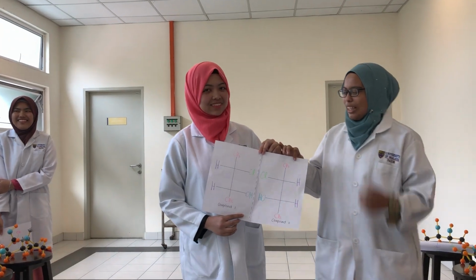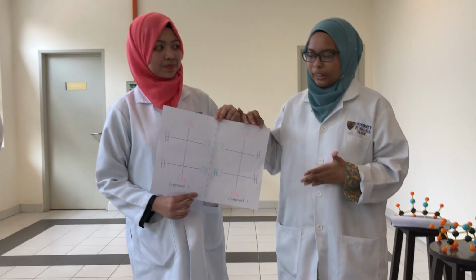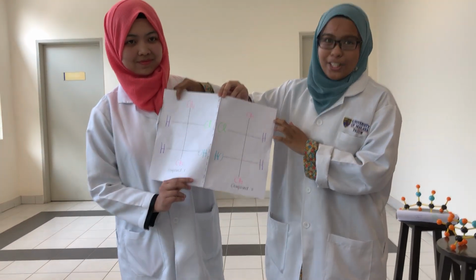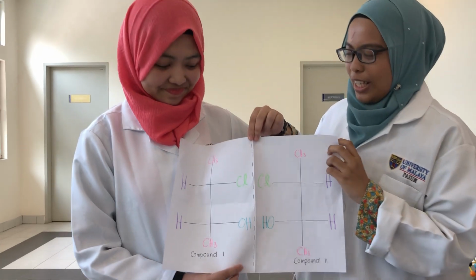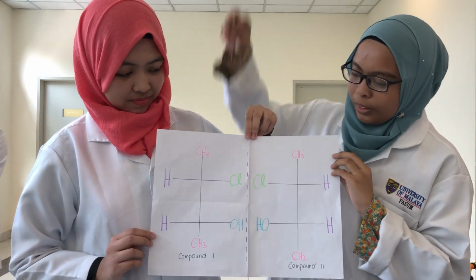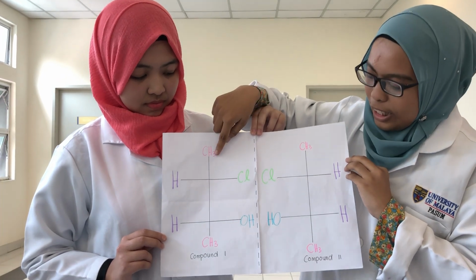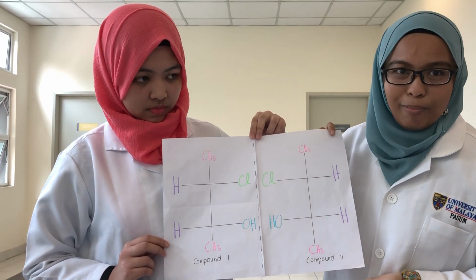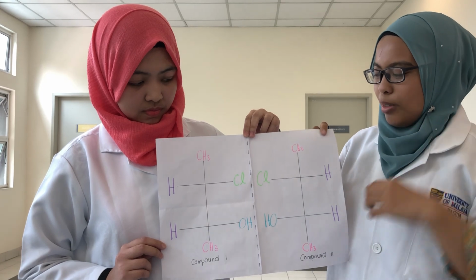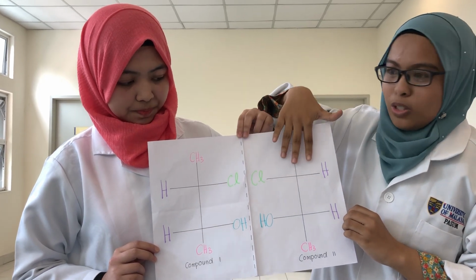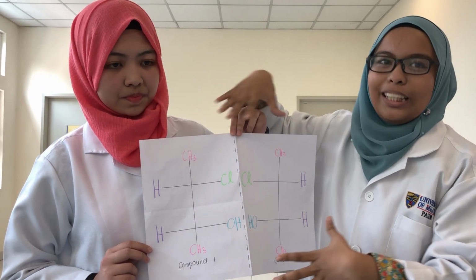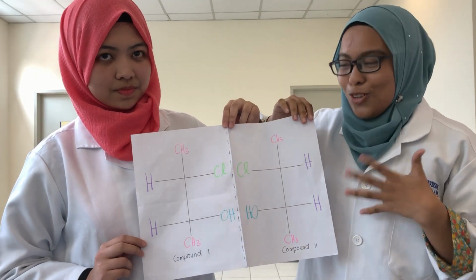Okay, so these are our isomers. As you can see at the first compound, we have CH3, Cl, and H. So this is the mirror image. As you can see, the mirror image is different, so if we put them together, they will not be superimposable.